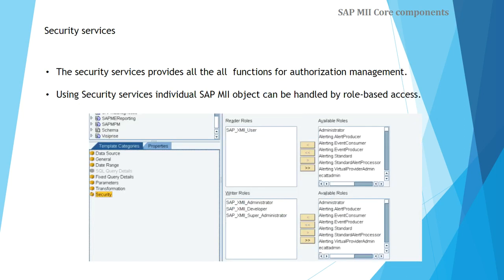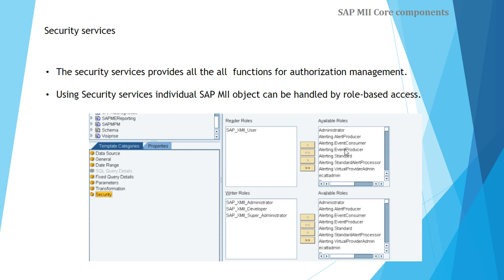Security services. The security services provide all the functions for authorization management. It means whenever you are developing or creating any object in SAP MII, you can go to the security tab, and inside the security tab you can see the available roles.